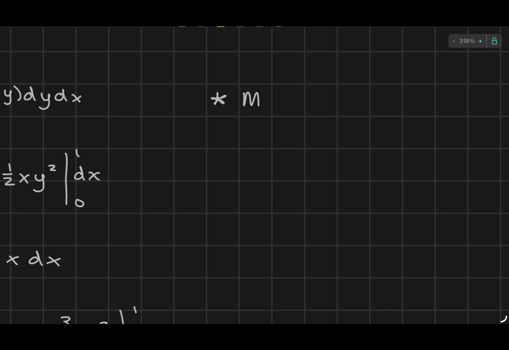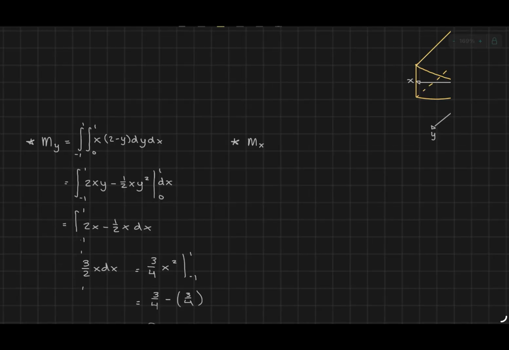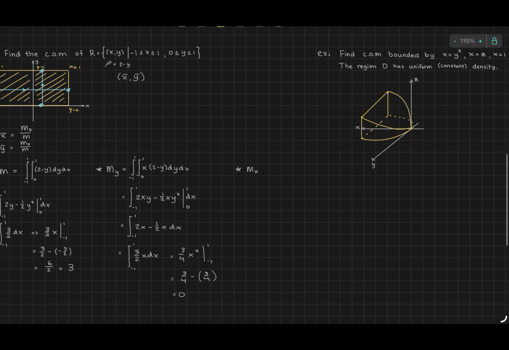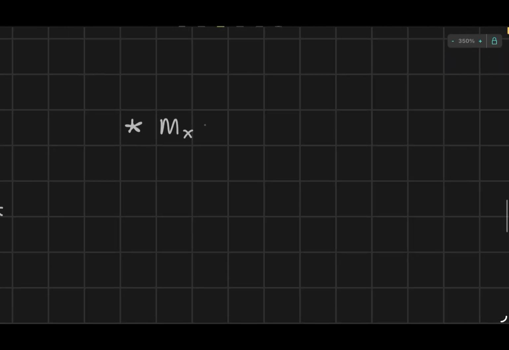Now solving for our moment with respect to x, that is going to be the double iterated integral over the same bounds from 0 to 1 and negative 1 to 1 of y times our density, 2 minus y, dy dx.